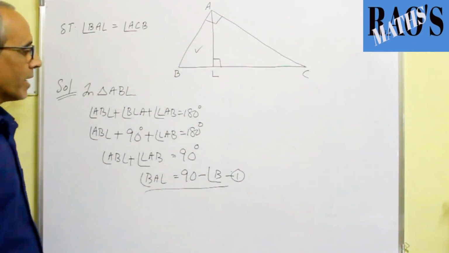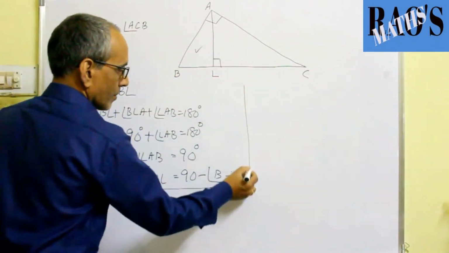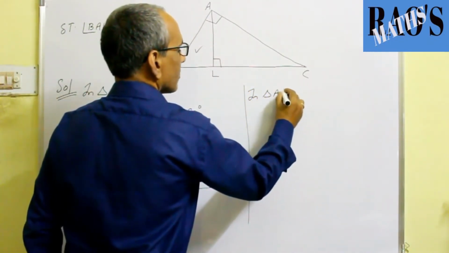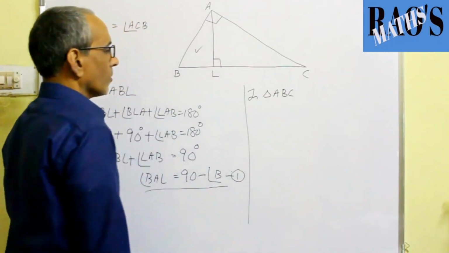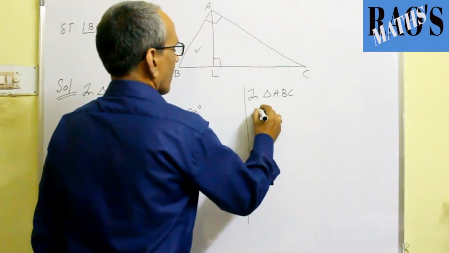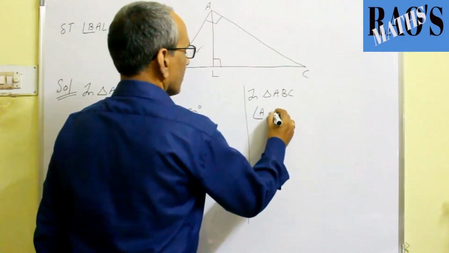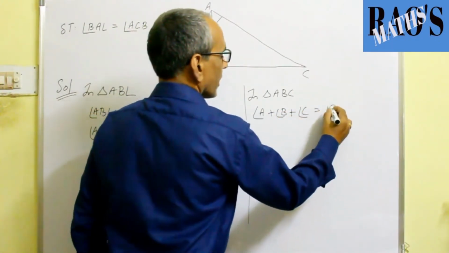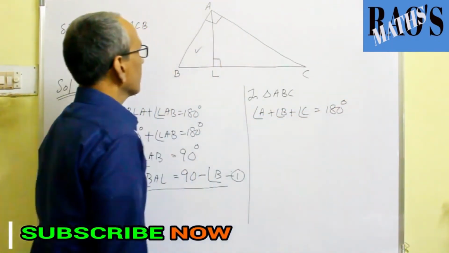Now I take the whole triangle, that is ABC. In triangle ABC, we have angle A plus angle B plus angle C is equal to 180, by the angle sum property.